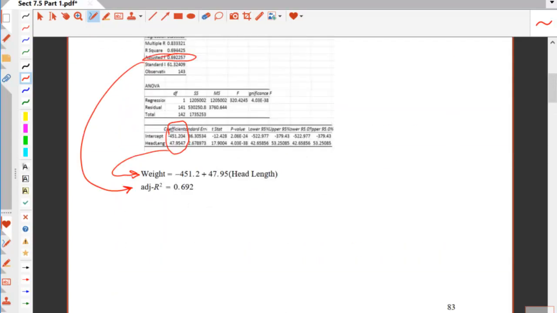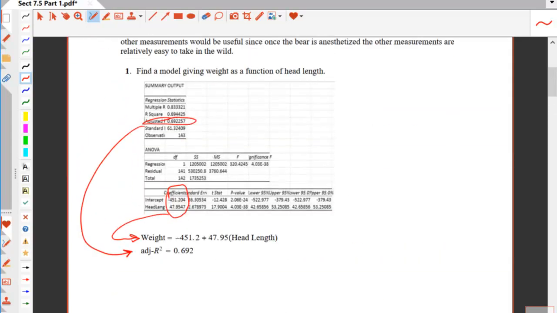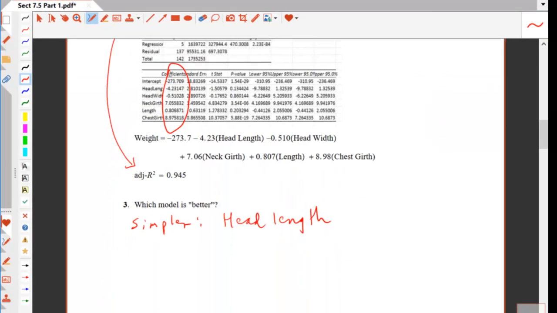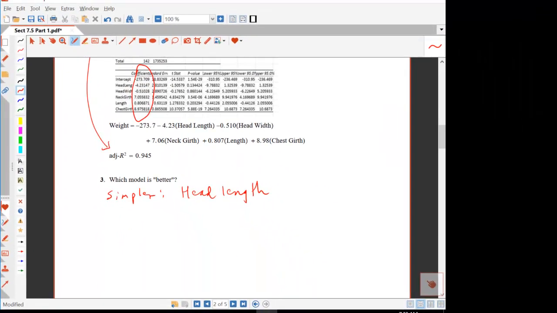Whereas in this model, you're saying, okay, just measure its head length, which you might even be able to estimate visually through binoculars or some safe way. So much simpler to use model number one if it were accurate enough, but it might not be.